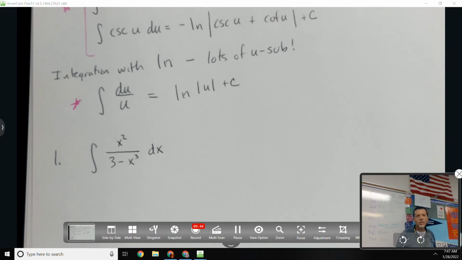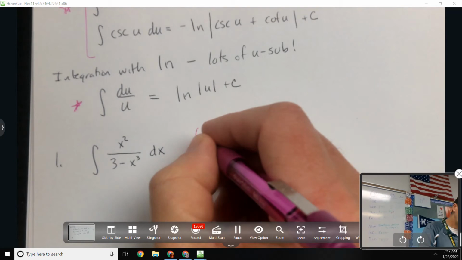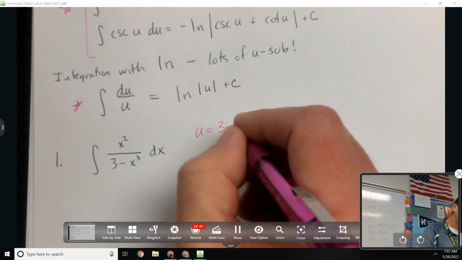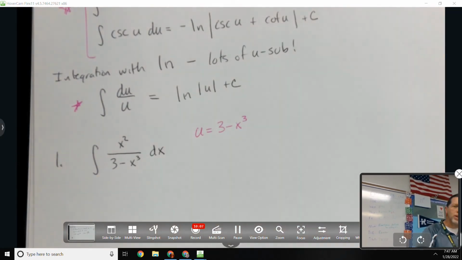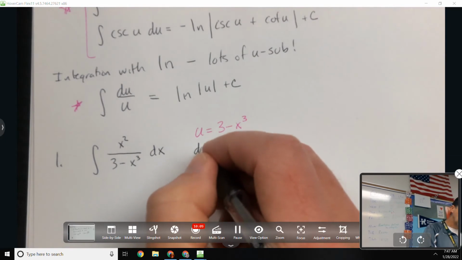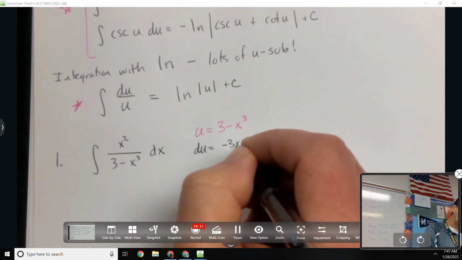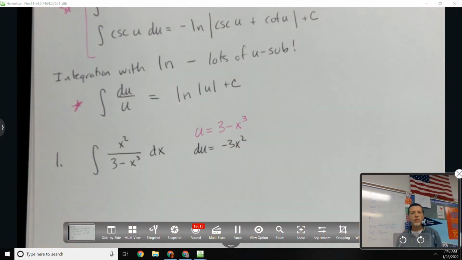Any guesses on what u should be? If you pick x cubed, you can do it with x cubed, but you may as well grab the constant as well, because when you take a derivative of the constant, it's going to go away anyway, so you may as well include it in your u. So du is negative 3x squared. So that's a good pick.